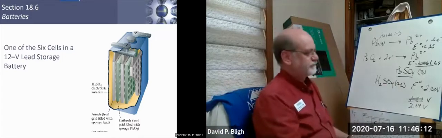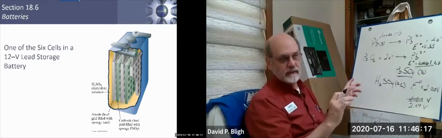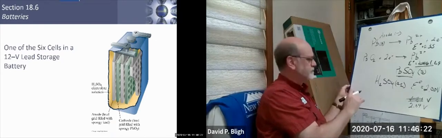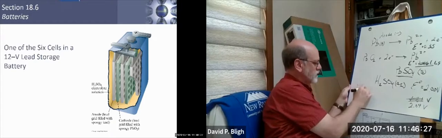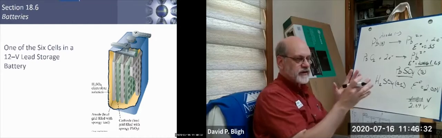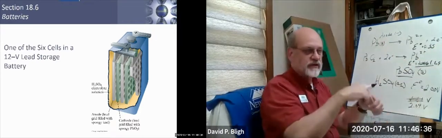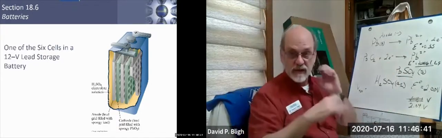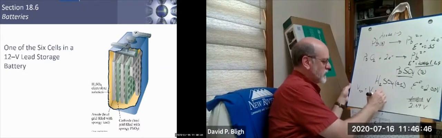Well, it goes back to rules of circuits. I think Kirchhoff's laws. The total voltage in series, if you put these cells in series so that one's pushing into the next one, is pushing into the next one, so the plus to the negative to the plus to the negative to the plus to the negative to the plus, put them in series, then you add up each of the voltages.